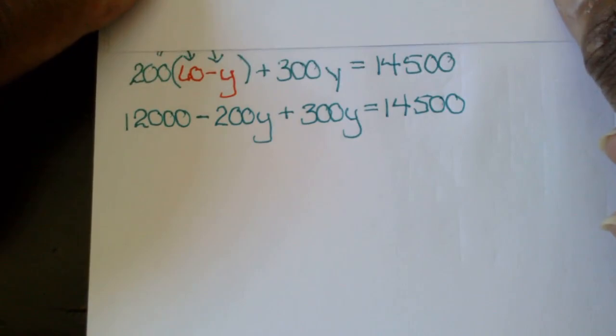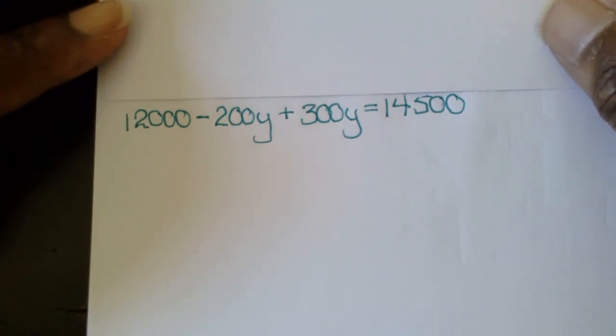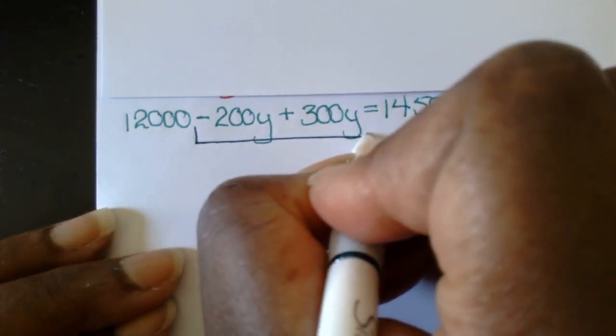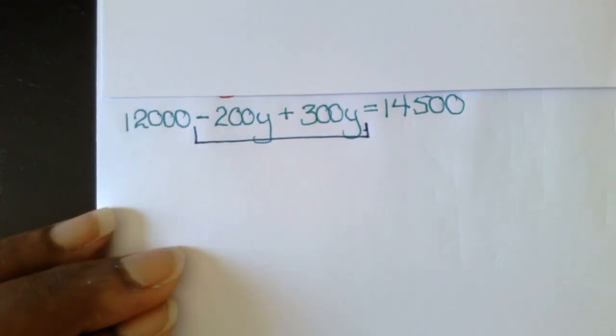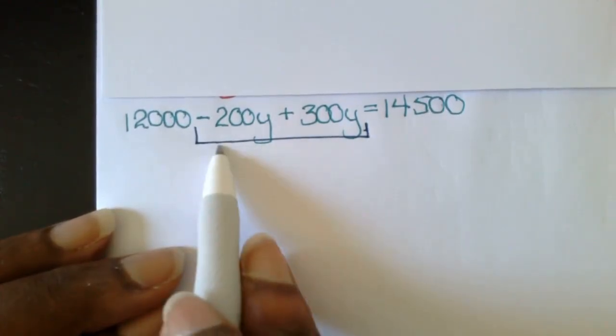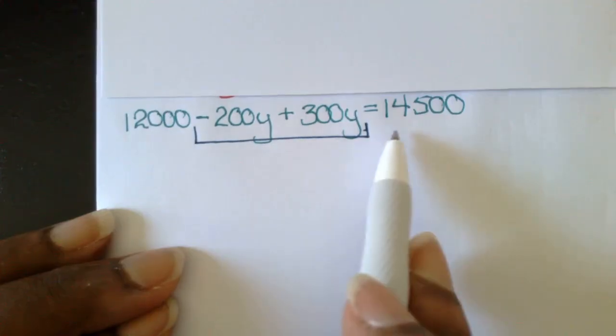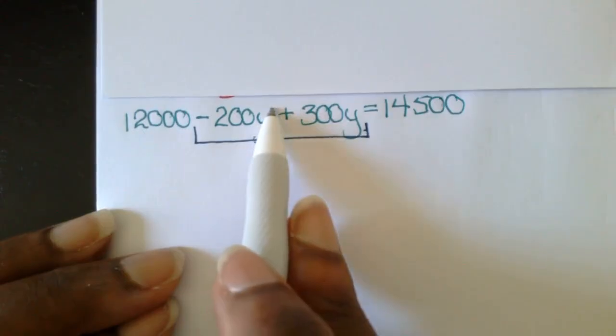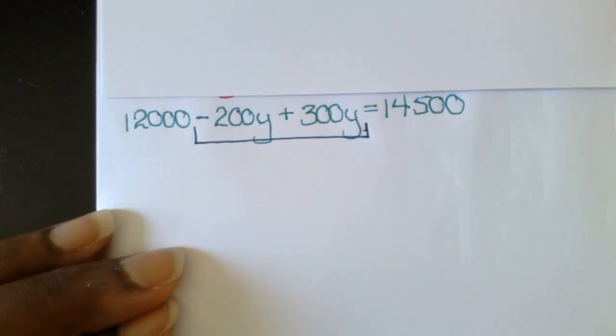So now let's focus on this part. I notice that right here we have like terms. The reason why they're like is because they both have the same variable with the same degree, which is a degree of 1.